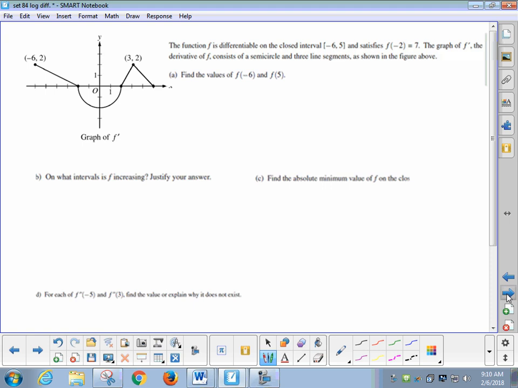So f of negative 6. The idea is you've got a point, and it's the fundamental theorem of calculus. F of negative 6, you're going to talk area under the curve and the initial condition. Now, it's up to you how you go about this. You could use fundamental theorem of calculus and say f prime from where you know to where you want and work from there.